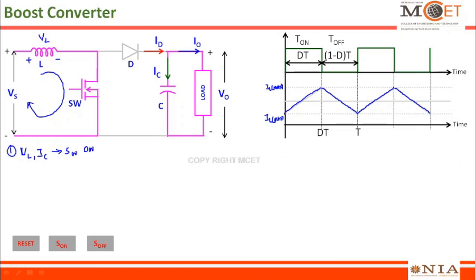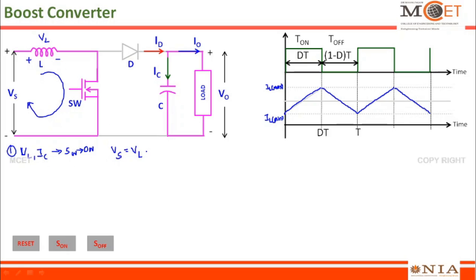So let me apply Kirchhoff's voltage law for this loop. The current circulating inside the loop, as far as this source is concerned, is moving from minus to plus, so this comes under potential rise. The current through the inductor is flowing from plus to minus, so this comes under potential drop. So Vs is equal to VL.